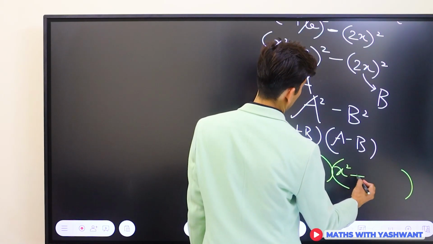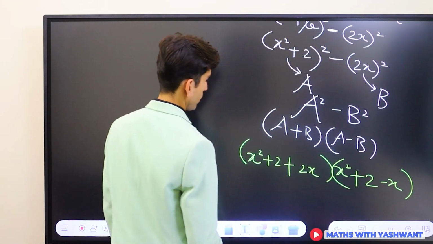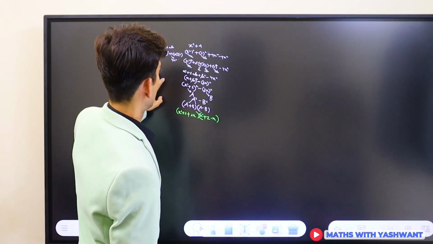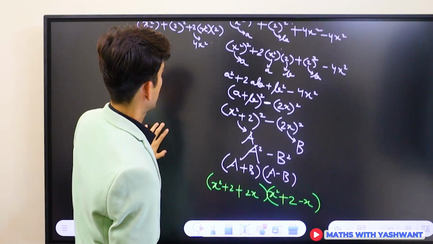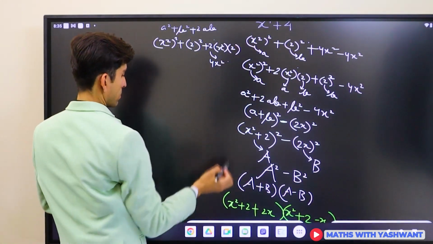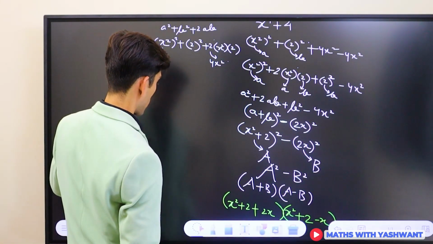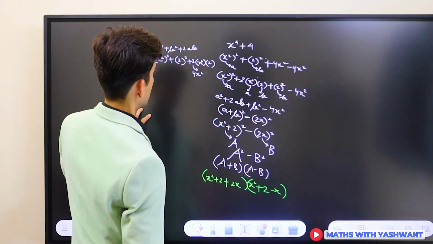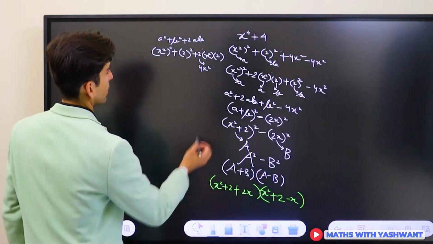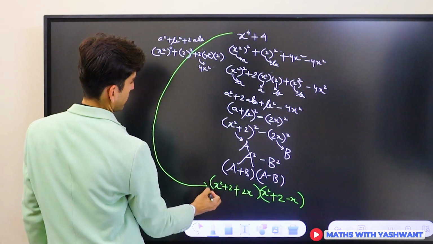So this is the final factorized form, and we did it. Just a minute, let me fix this. Yeah, so this is the final factorized form.